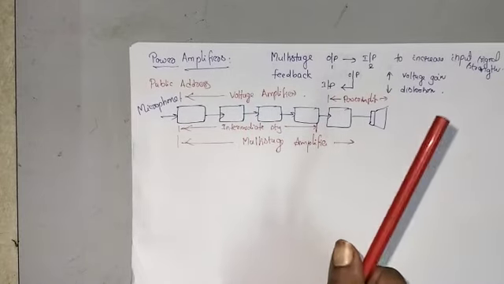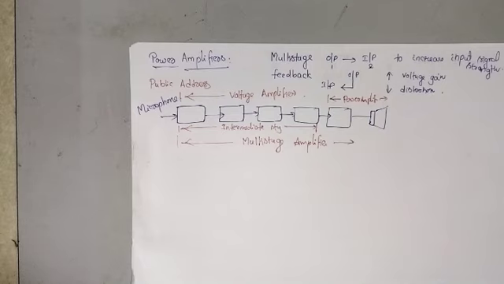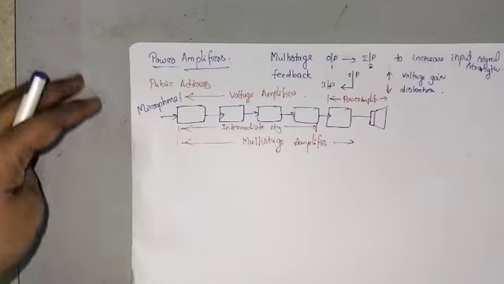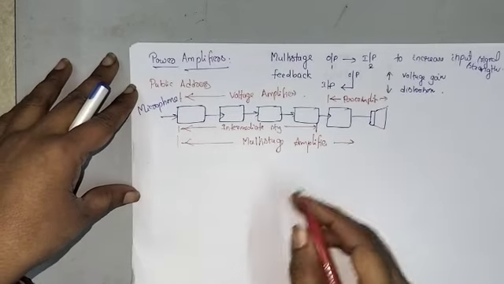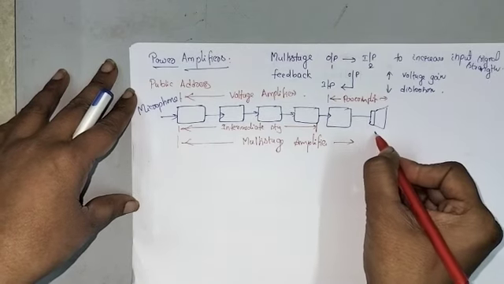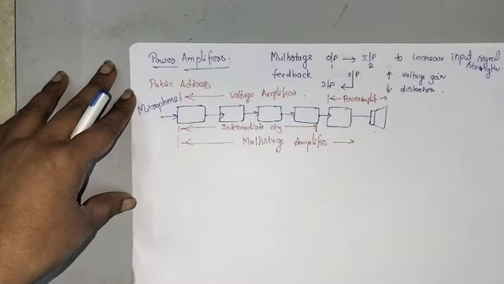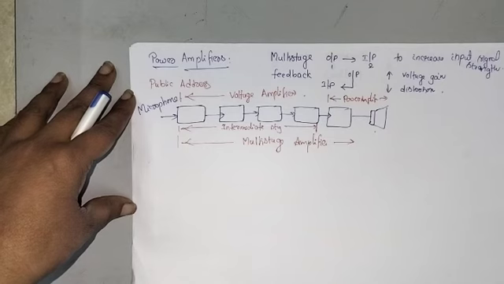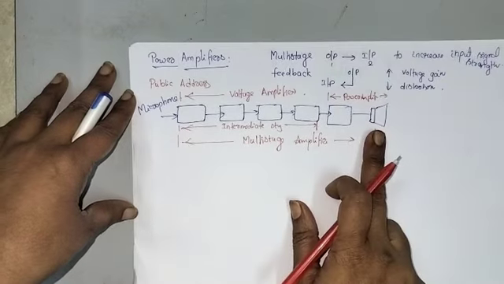The main feature of the power amplifier is that it has to deliver maximum AC power to the load. For any multi-stage amplifier, the last stage must be a power amplifier. Okay.